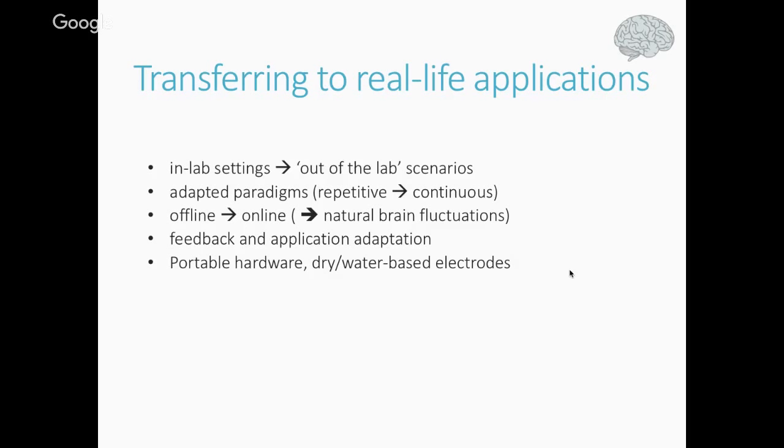And in this particular case, of course, the signal processing and the machine learning techniques need to be adapted exactly for the setup, from the artifacts and filtering towards feature selection and classification.